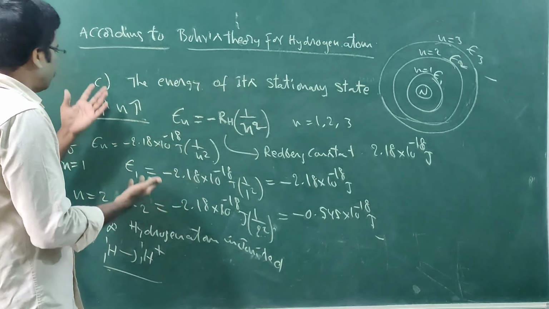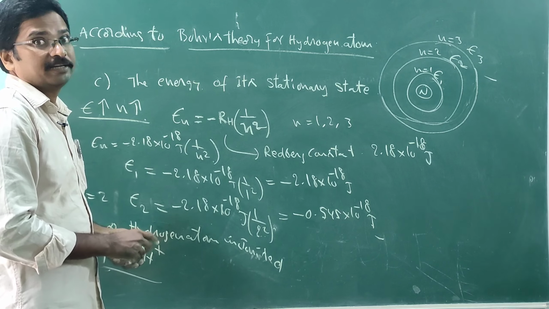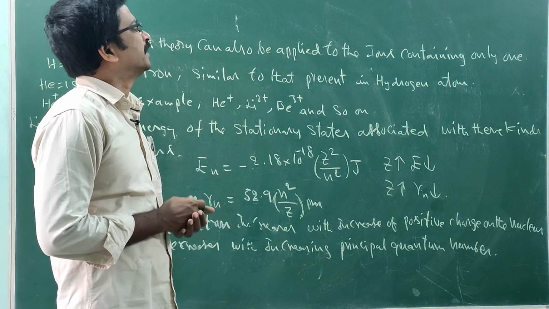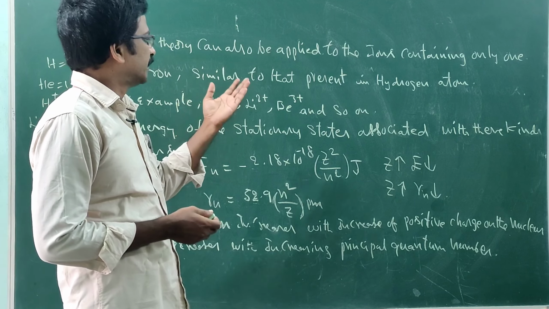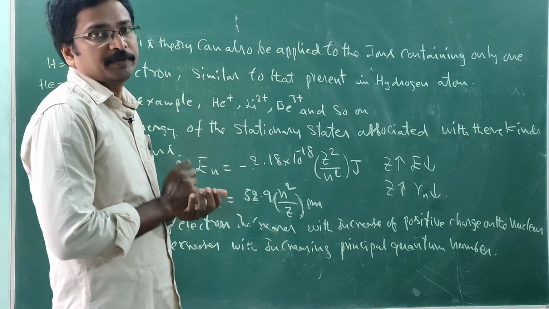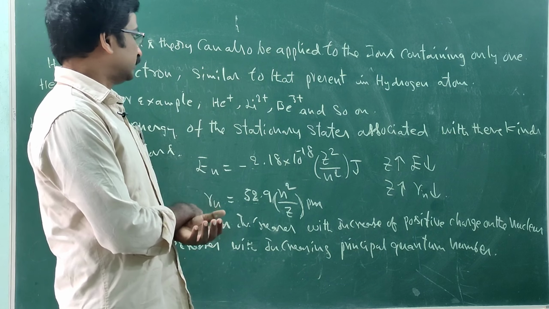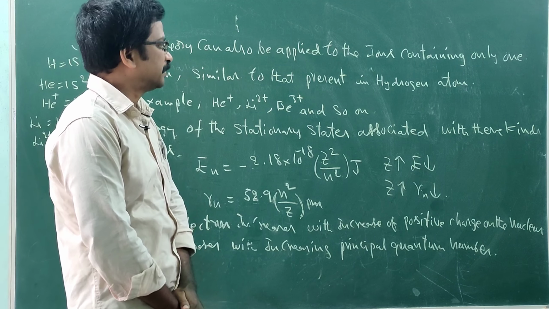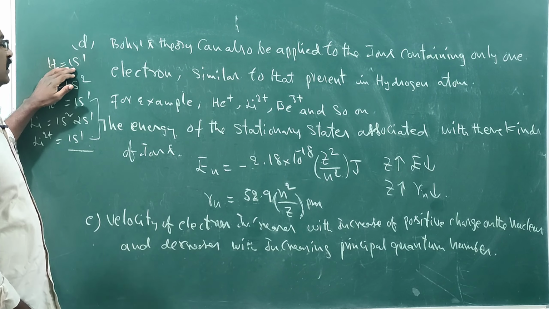Next we look into point D. Bohr theory can also be applied to ions containing only one electron, similar to the hydrogen atom. You can apply it to one-electron species like helium plus, lithium 2 plus, beryllium 3 plus, and so on. Hydrogen has one electron.